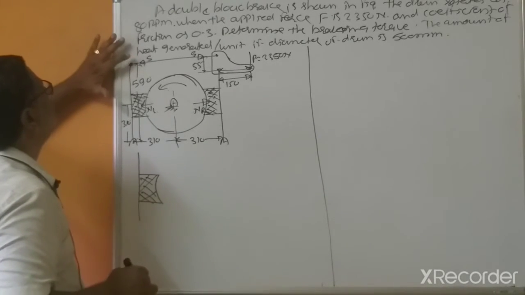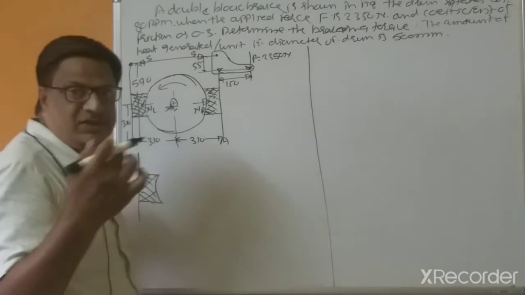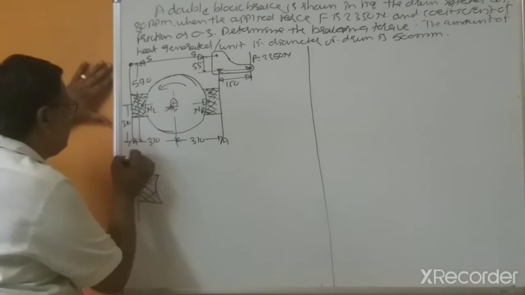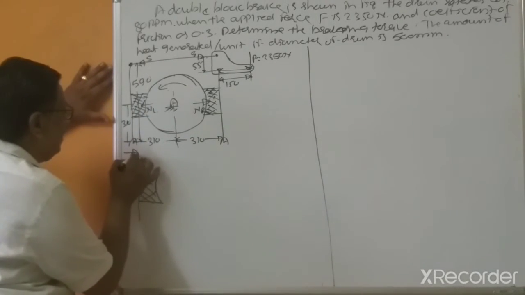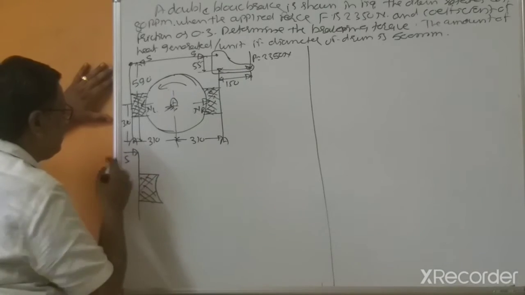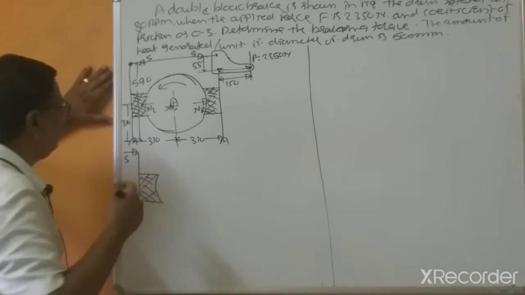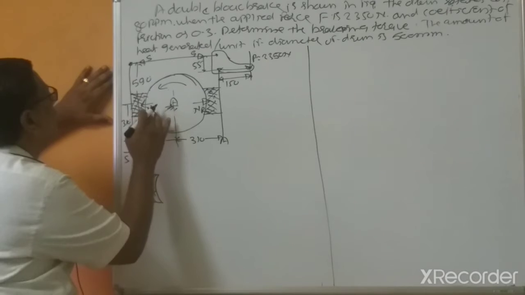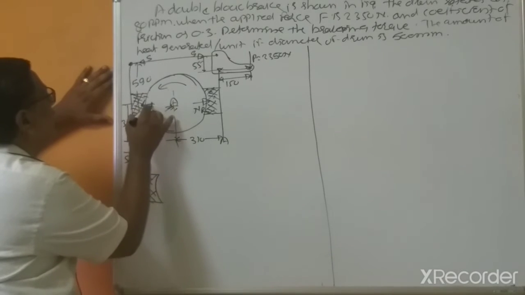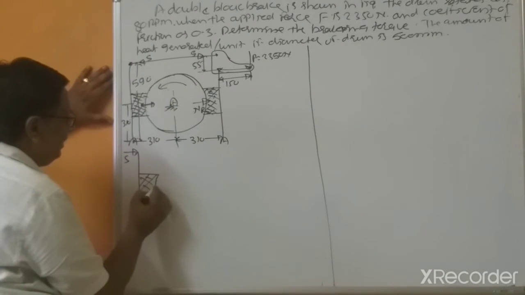This force is acting, tension is acting. So here this force is an equal and opposite force, because we are drawing a free body diagram. So this is S. Here this force is the actual, and its equal and opposite force means this is NL.